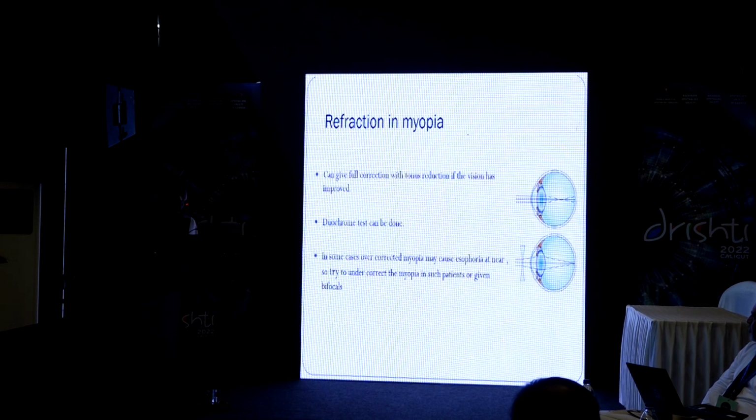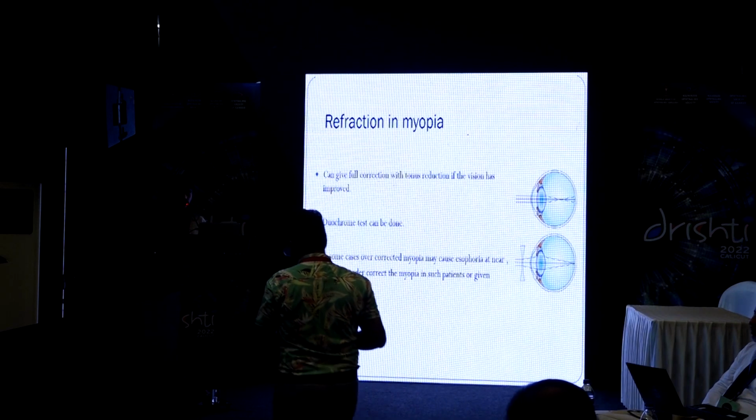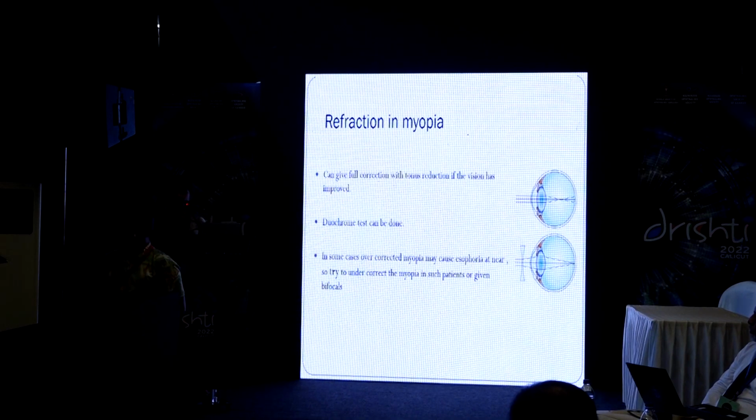And what will happen if we over-correct a myopia? When we over-correct a myopia and the patient is prolongedly using the myopic correction, it will stimulate the accommodative convergence of the patient. So after a few months or few years, there is a chance to develop esotropia or intermittent esotropia or esophoria in that patient.